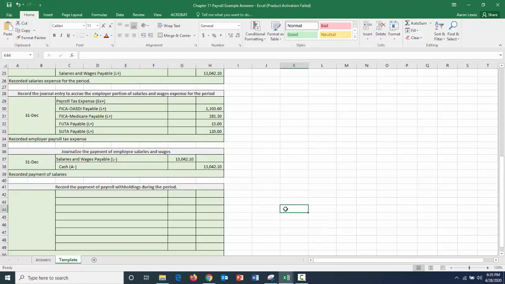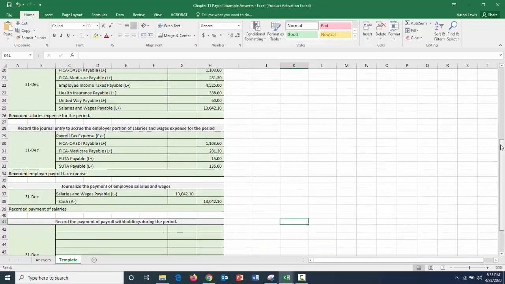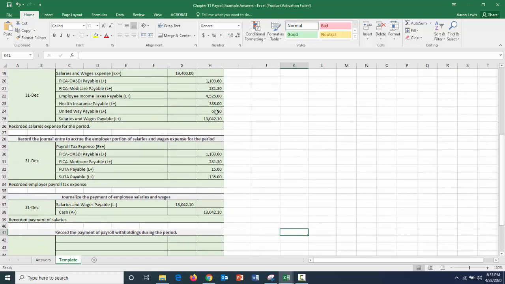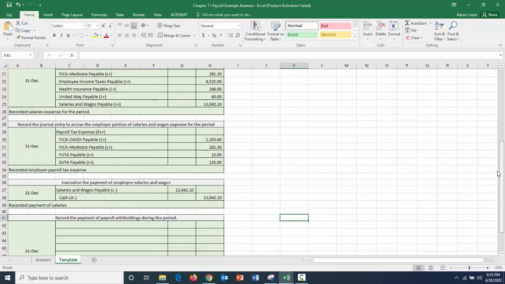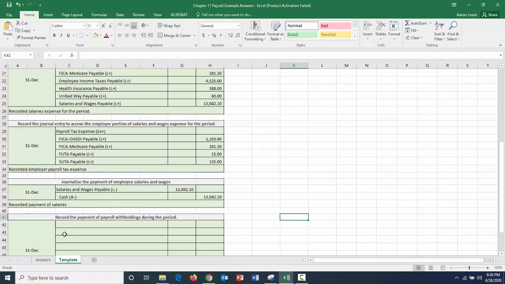Of payroll withholdings during the period. Well, all we are going to do now is we are going to take each one of these liabilities that we have created in the first two entries, and we're going to get rid of them and pay them off in cash. So let's start with FICA OASDI payable. Sounds like a good, reasonable place to start.